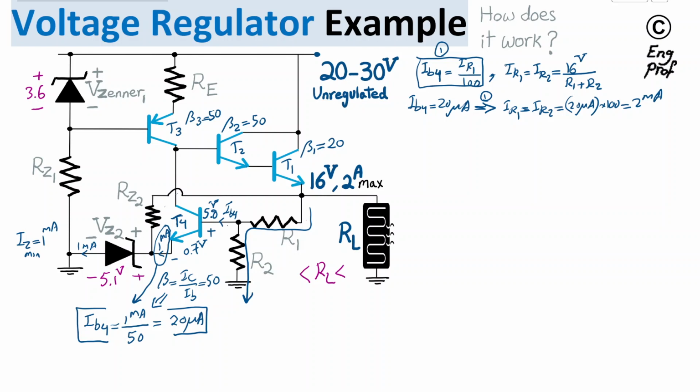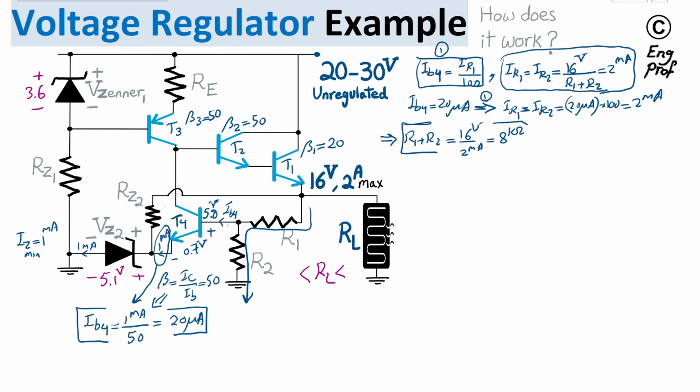So I can write that this current is equal to 2 milliamp, which gives me the sum of R1 plus R2. R1 plus R2 is equal to 16 volt divided by 2 milliamp, which is 8 kilo ohm. So I have the sum of R1 and R2 in this equation number 3. Let's say this one is 2.